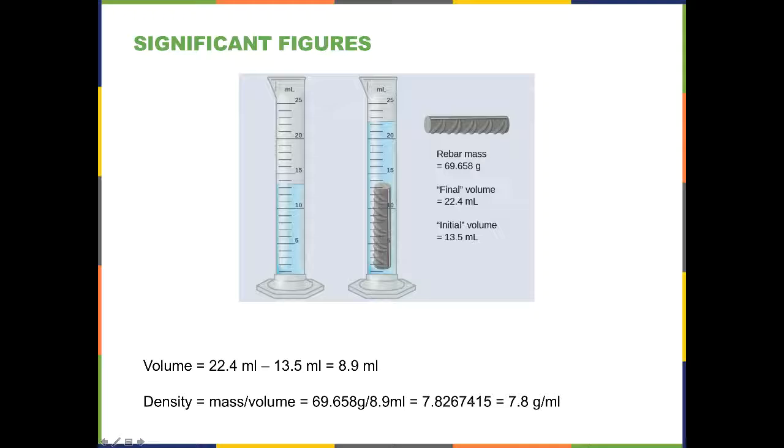So we have to eliminate the rest of these numbers right here, starting with the 2. And in this case, because this is less than 5, you round down. And so the answer, to the appropriate amount of significant figures, is 7.8 grams per milliliter. We can do some more practice on this in class.